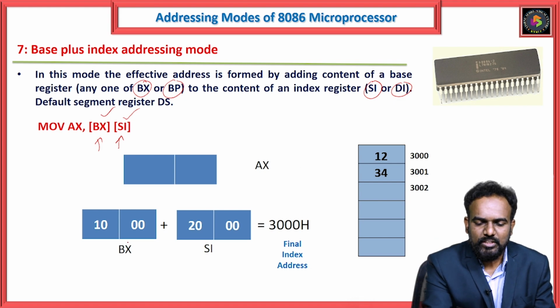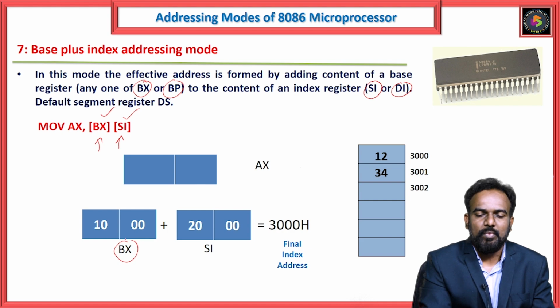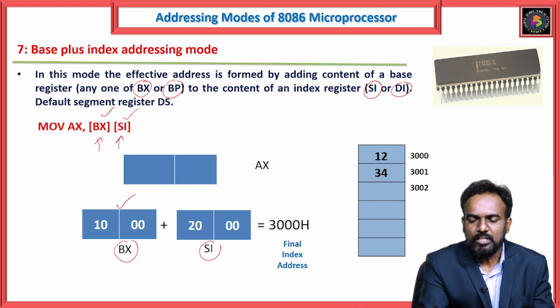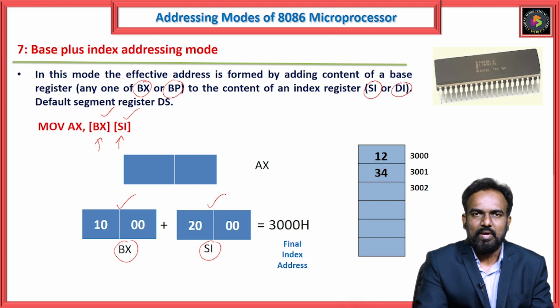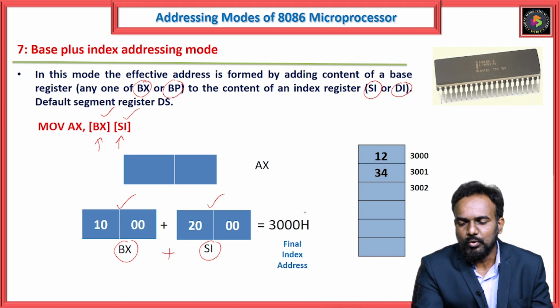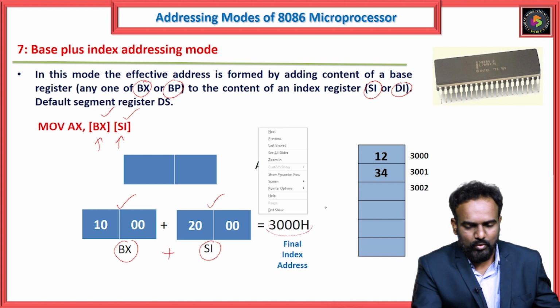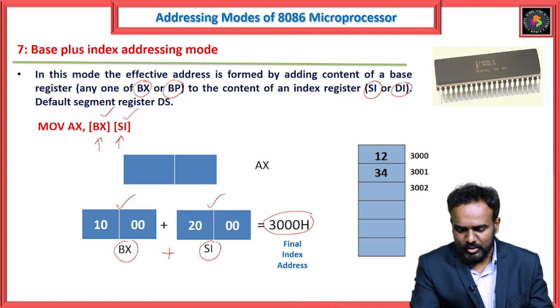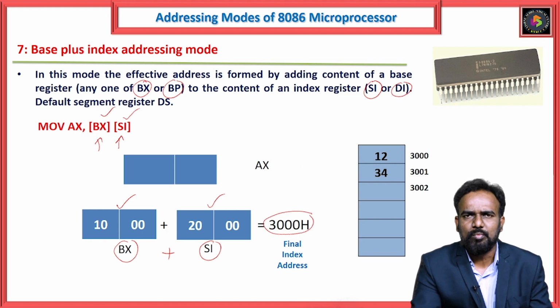Here the base register BX is holding some offset value 1000H. Our SI, the source index register, is holding the offset value 2000H. Those two will be added, BX value plus SI value, and finally we get 3000H.